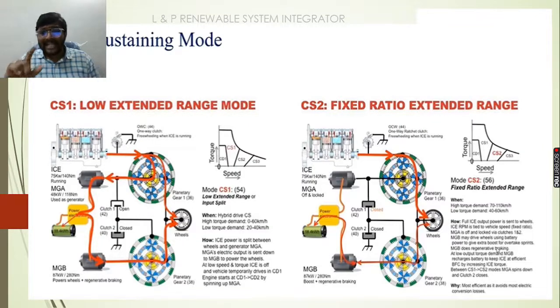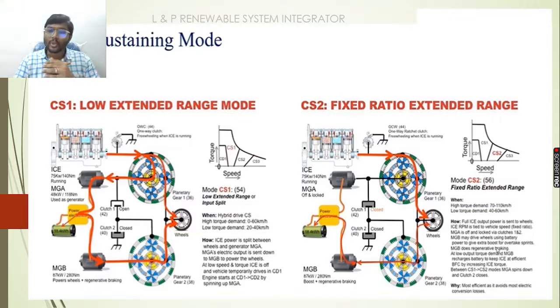Consider another situation, where this is an example of an extended range. Here you're running your internal combustion engine so that it is driving your wheels directly. And now what is happening? Your second motor is trying to run as a generator, so the generated energy is getting stored in the battery.